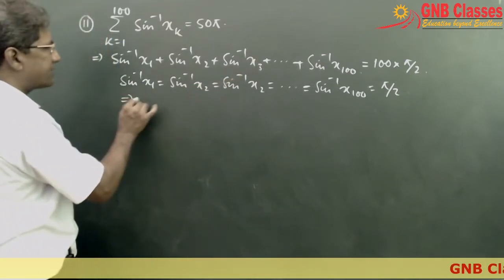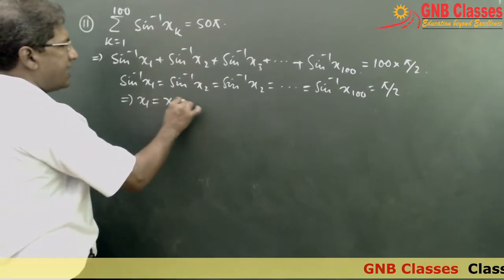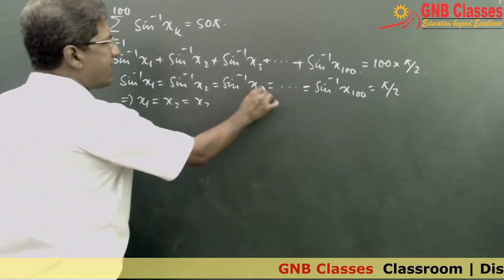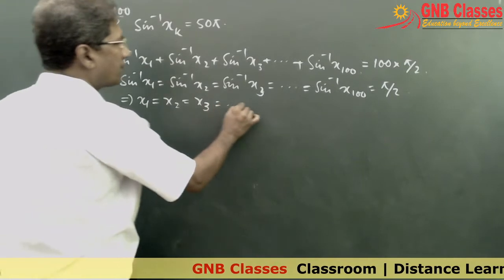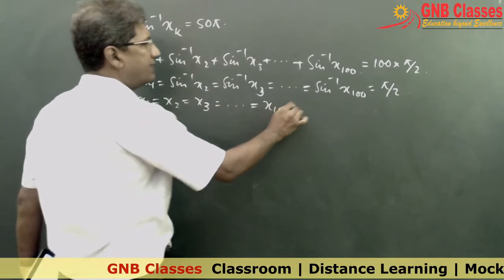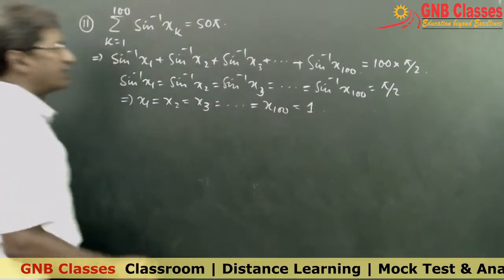So that implies x1 equals x2 equals x3 equals x suffix 100 equals 1.